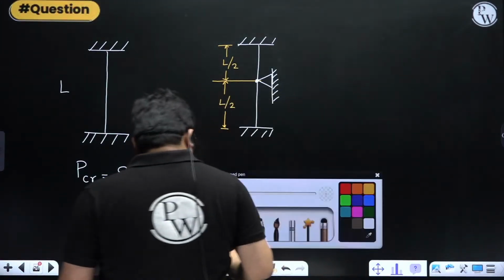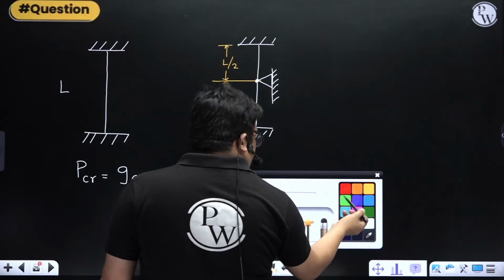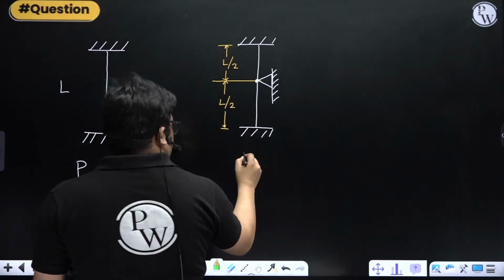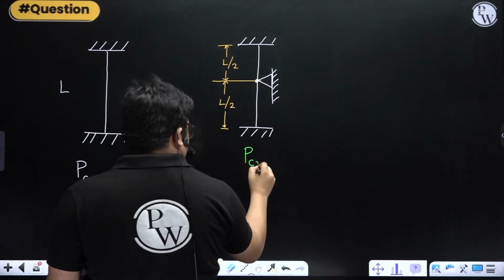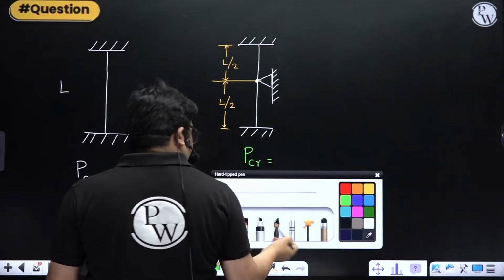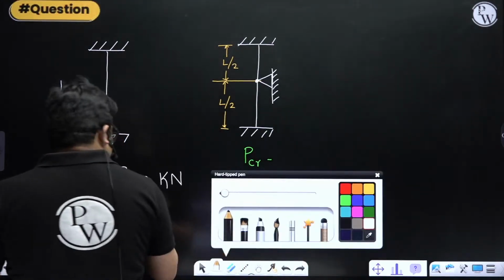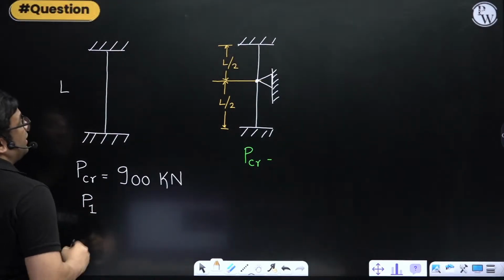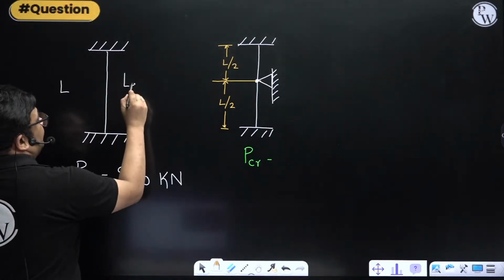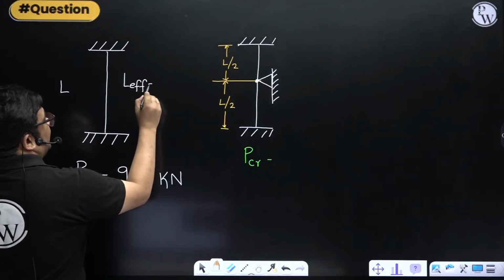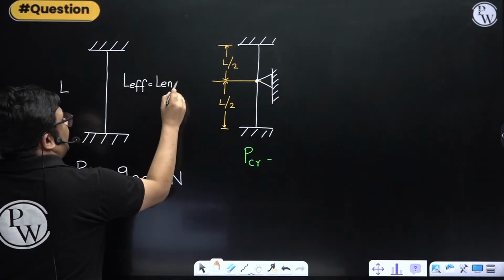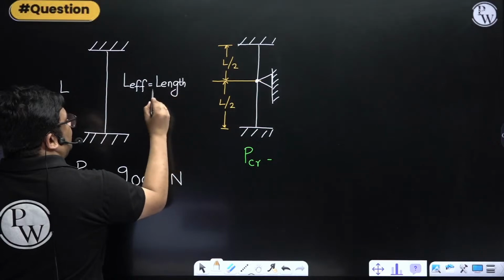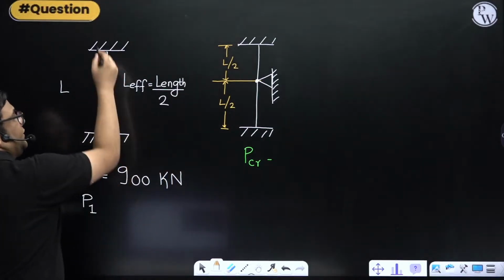Suppose they're asking what is the buckling load of this. How to find? Very easy. I will take this as the buckling load P1. Now see here, effective length will be how much? Length by 2, because both ends are fixed.